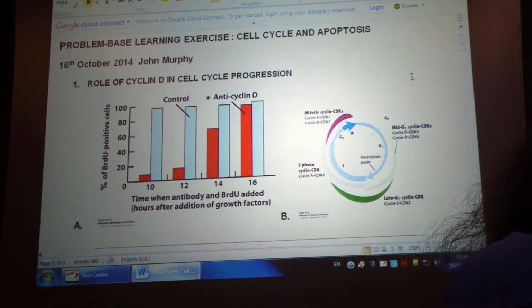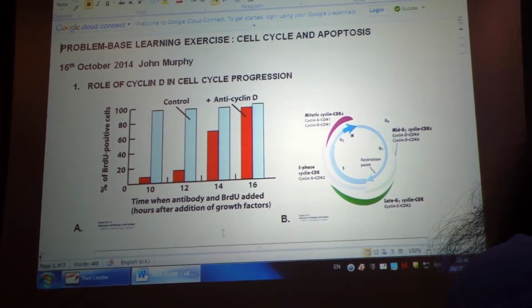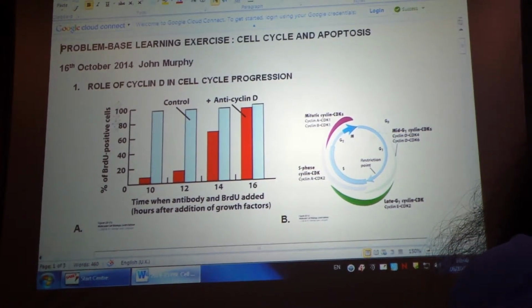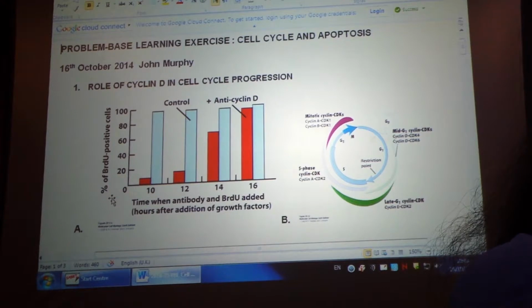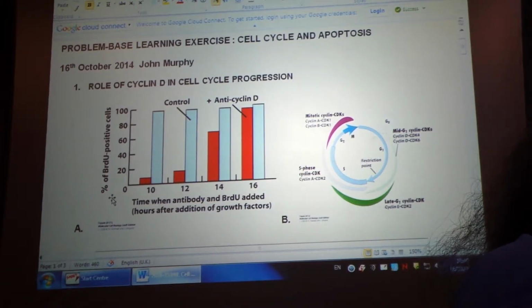So when you look at a figure like this, you have to understand what's on the y-axis and on the x-axis. Very important. On the y-axis is the measure of the percentage of BrdU positive cells, the percentage of cells in the cell cycle, which is what it tells you in the figure.